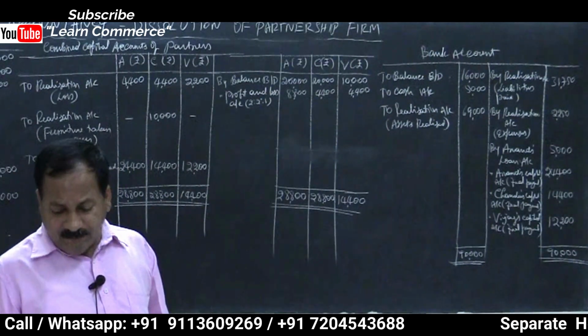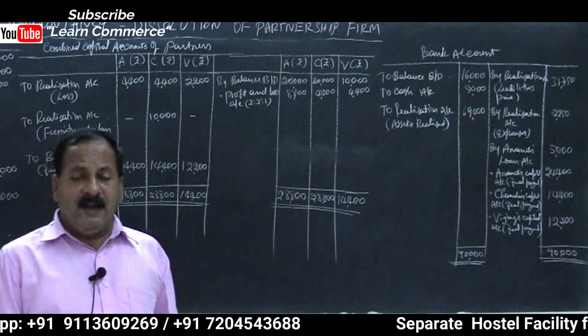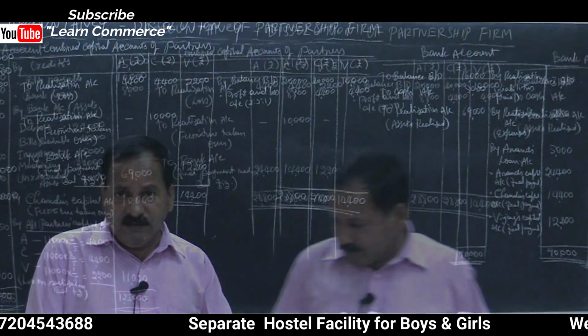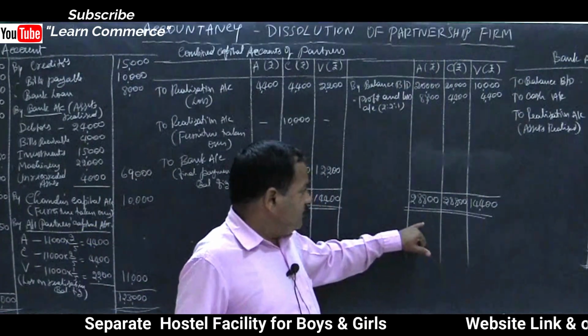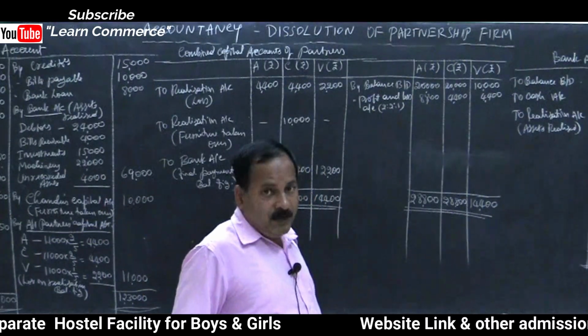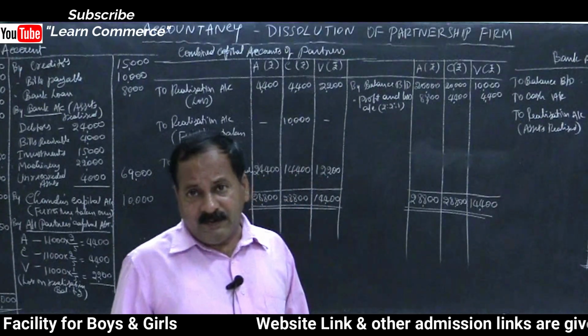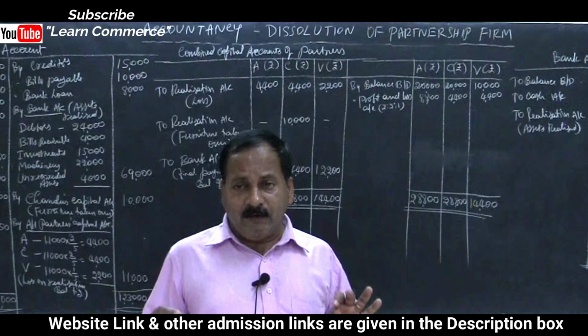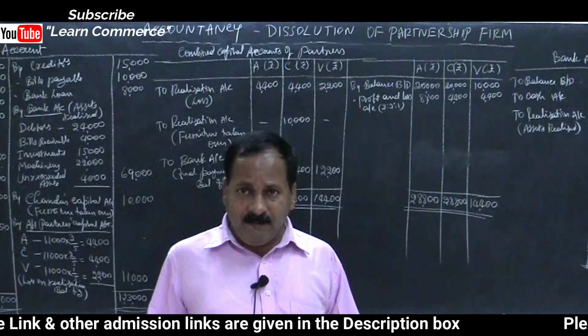So, make sure you make payment of the partner's loan before making payment of their capital balances. Here, 90,000 we got. So we have to make sure that the final balance in the capital account is paid at the end. Clear? Yes.